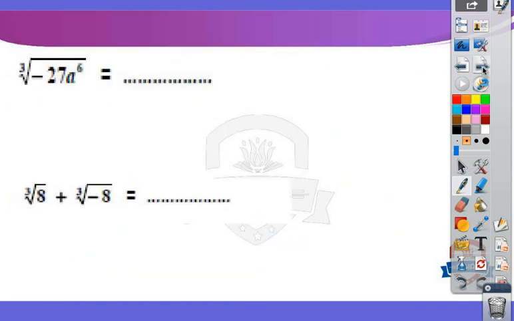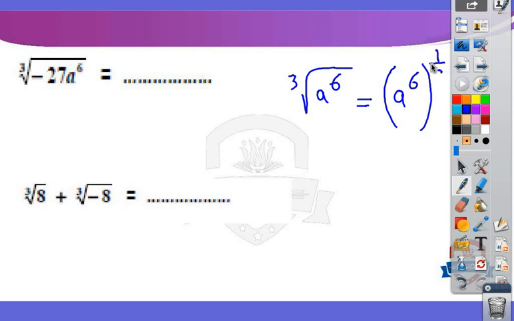Okay. Here, I need the cube root of minus 27a to the power of 6. We have a remark here. If we have the cube root of a to the power of 6, it equals a to the power of 6 to the power of 1 over 3, which equals a to the power of 6 over 3, so it will be a to the power of 2.